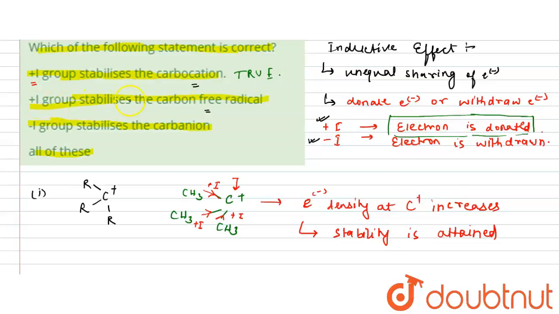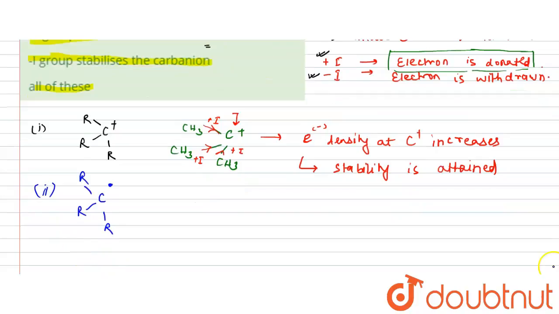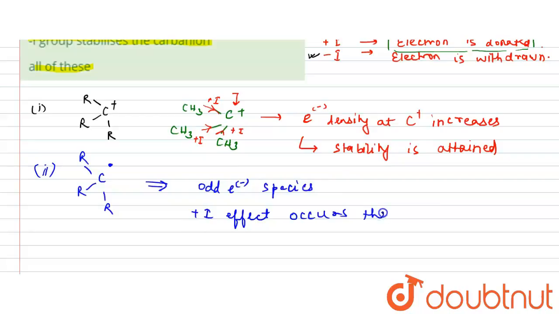Now let's see next. Plus I group stabilizes the carbon free radical. Yes, it's also true. We know tertiary radicals are very much stabilized. How? Let's take a carbon free radical like this, C dot, with three alkyl groups attached. Here you have an odd electron species. When plus I effect occurs, the odd electron species gets stabilized.